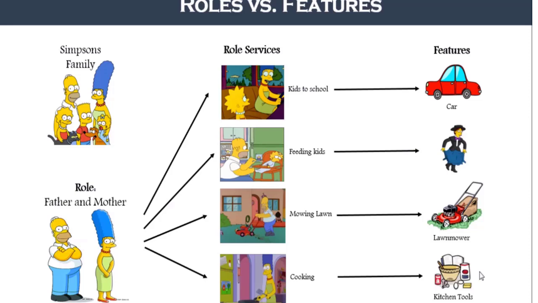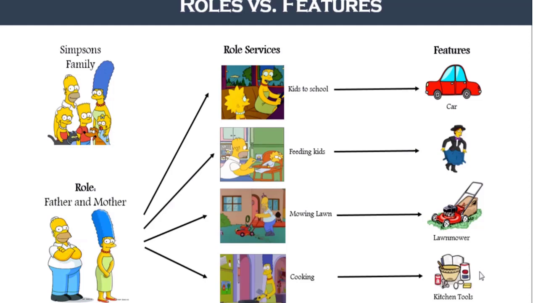To perform these services, we need some objects, like for sending kids to school we need a car. So the car is a feature which helps the role services to perform some of the roles of father and mother. Likewise, a lawn mower is a feature which is used for cleaning the lawn.